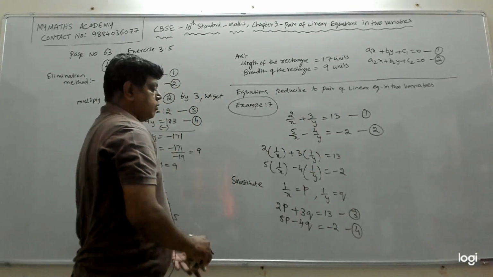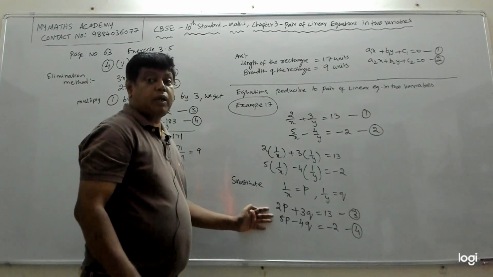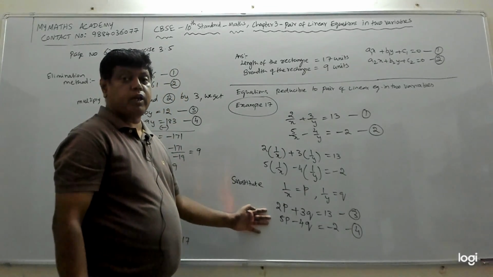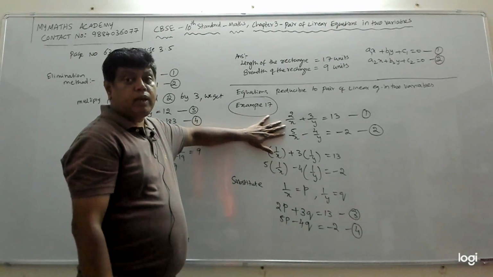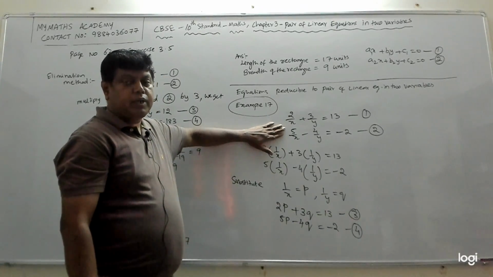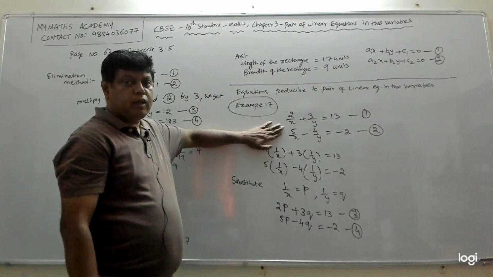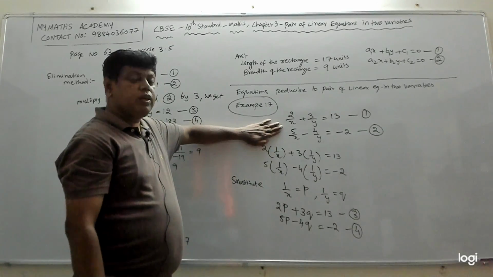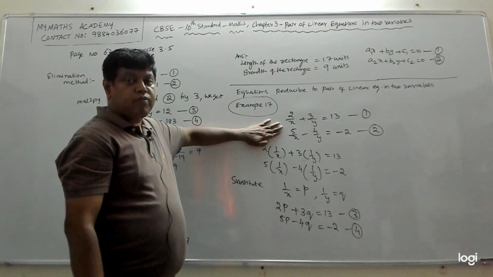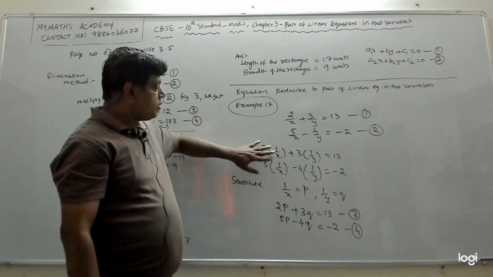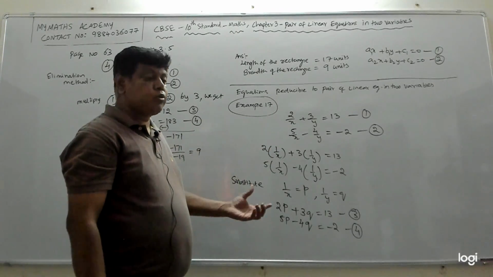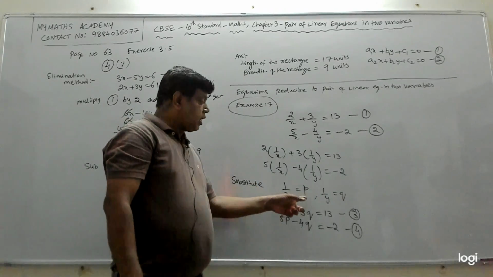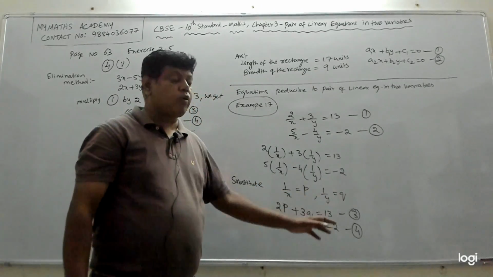Now what you observe? This has become linear equations in two variables. The variables are p and q. See, ultimately we have to find the values of x and y. But since these equations are not in the form of a pair of linear equations in two variables, we are converting them into one using a substitution of 1 by x as p and 1 by y as q.